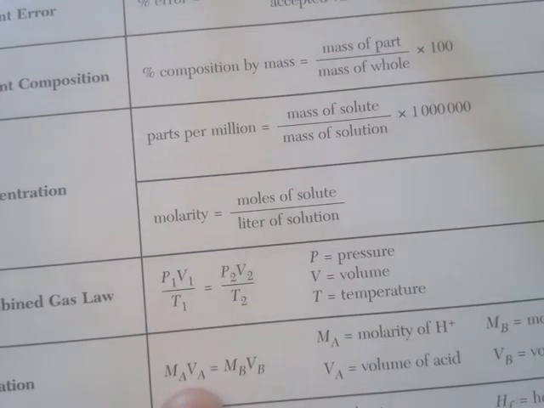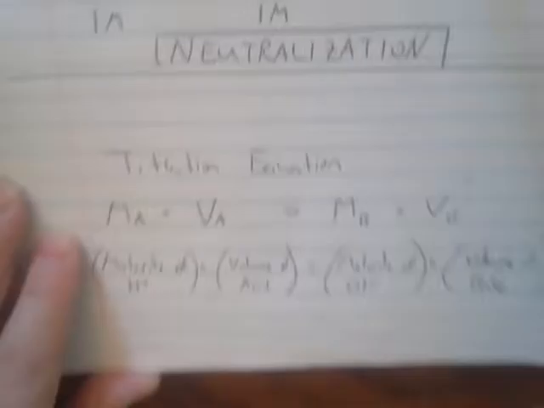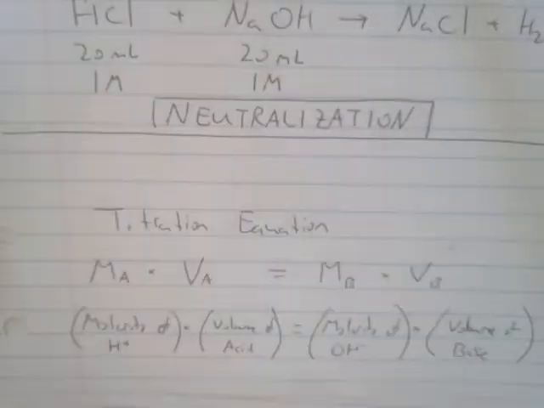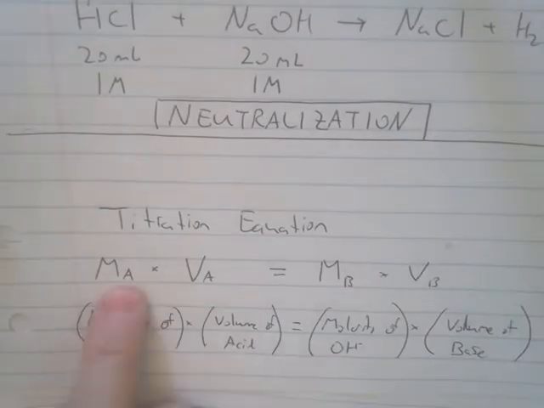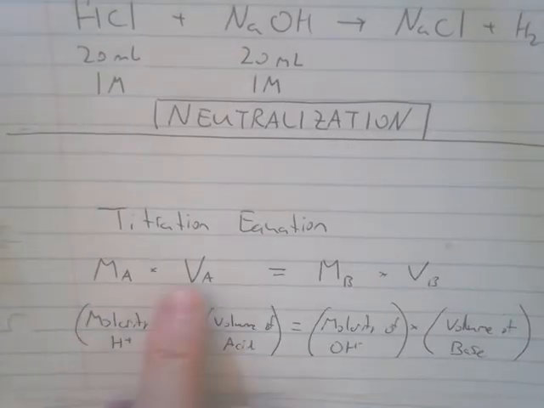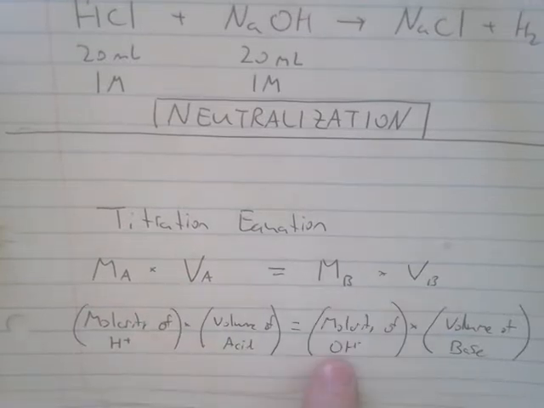Now I've also written it right here on my paper so you can see it. Ma, molarity of acid, or H+, times Va, volume of acid, is equal to Mb, molarity of OH-, which is base, times Vb, volume of base.